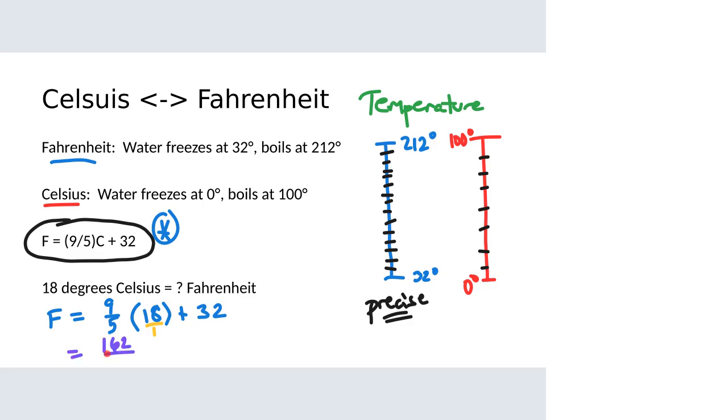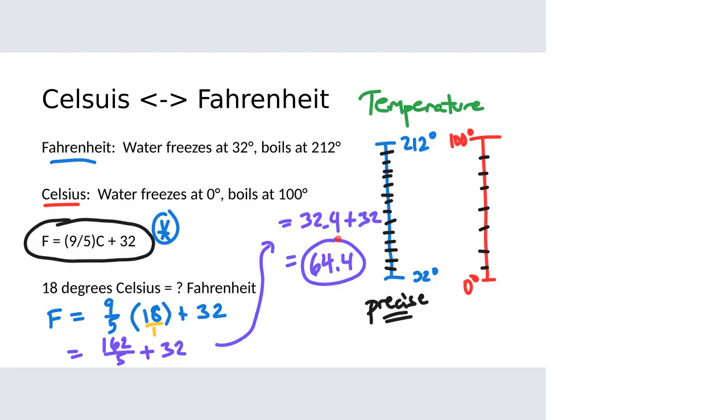On the denominators, I have 5 times 1, that's 5, and I'll need to add 32. Well, let's go ahead and divide then. 162 divided by 5 is 32.4. So I have 32.4 plus 32, and I end up with 64.4 degrees.